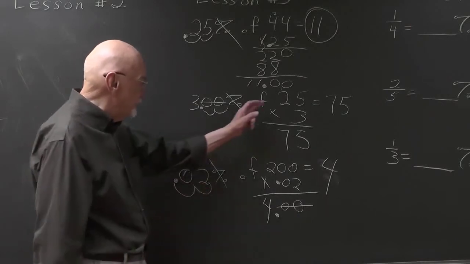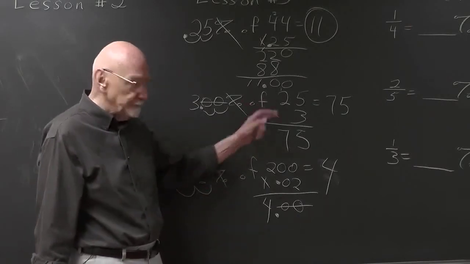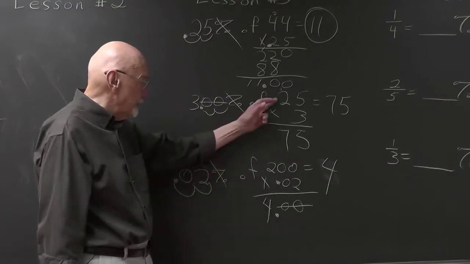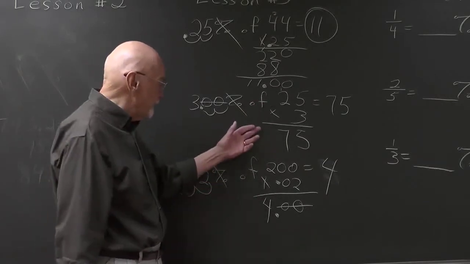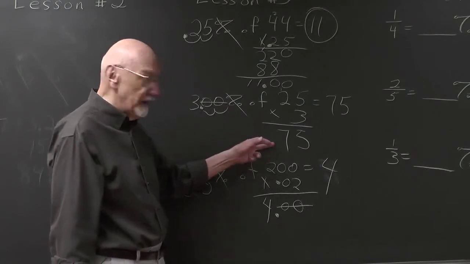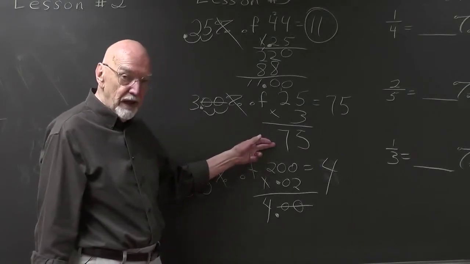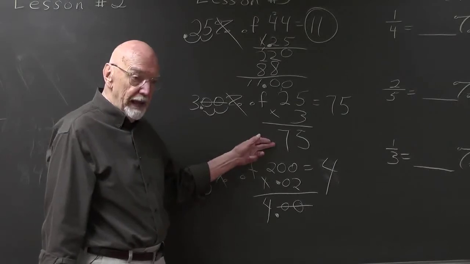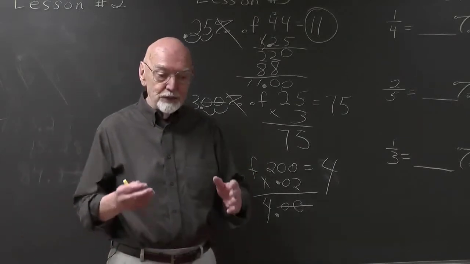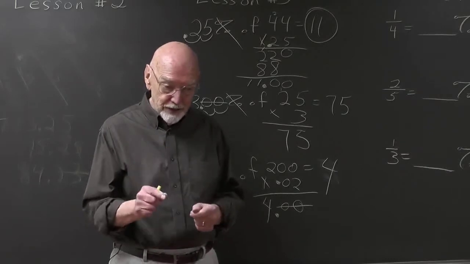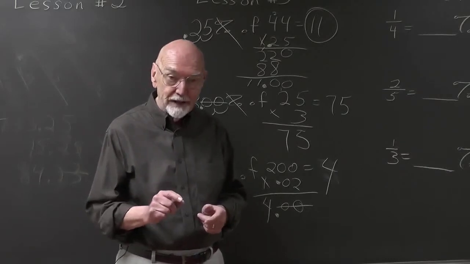Well, 100% would be 25. So 200% of 25 would be 50. 300% of 25 would be 75. That's the logical answer. And especially when you're working word problems, you should stop and consider, is this a sensible answer?